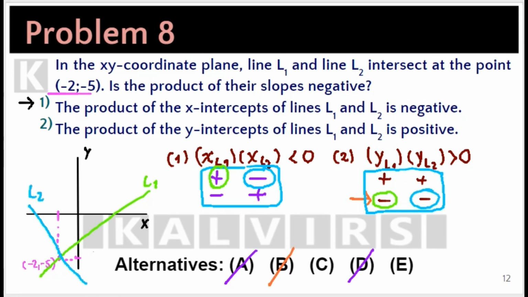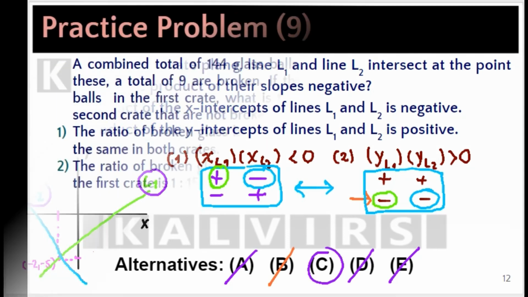This is the only case that fits both statements, and in this case the product of their slopes is negative, since line 1 has a positive slope and line 2 has a negative slope. Therefore, we need both statements to answer the question. Choice E is discarded. Choice C is correct.